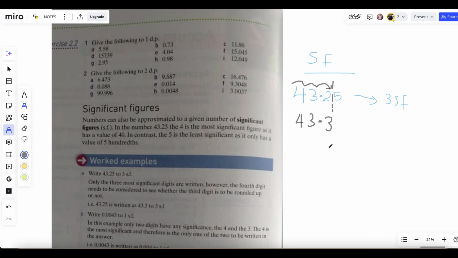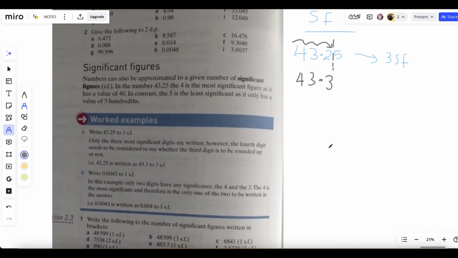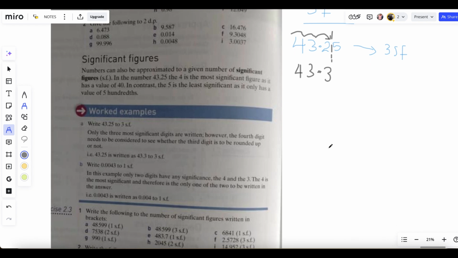Okay, so let's take another number. Let's say this is A. Another one, let's say we have B. We'll give you this number 0.0043.